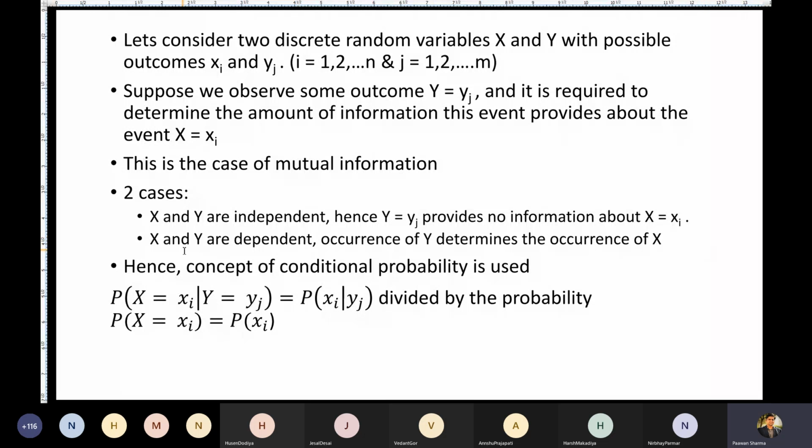Another situation, yes, they are dependent. For example, we can think of an example like clouds are there and very high humidity is there, wind is not flowing. It is highly probable that it will rain. If you consider two variables, one is presence of cloud, yes or no, and another sufficient condition for rainfall to occur, maybe some humidity value.